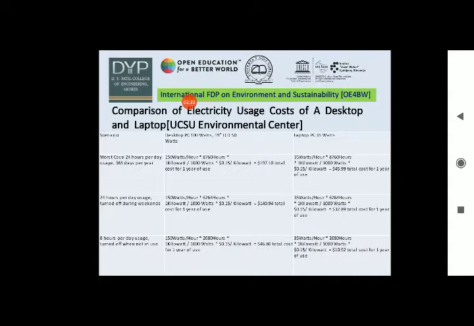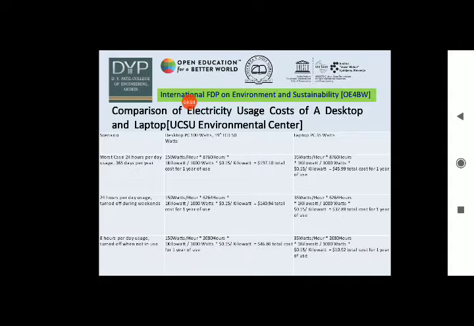Whereas with the laptop PC at 35 watts, the calculation remains the same, and we understand it will cost $32.89 for 1 year of use. In the third scenario, 8 hours per day use, turned off when not in use, the cost will be $46.80 for 1 year of use, and for the laptop, $10.92 for 1 year of use.